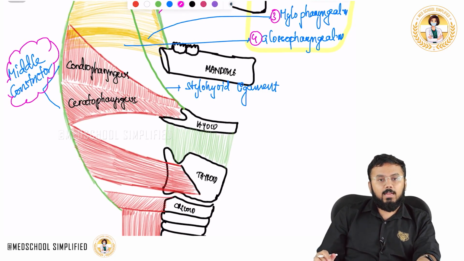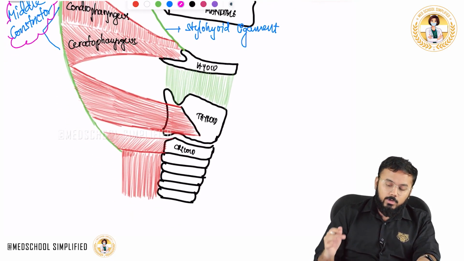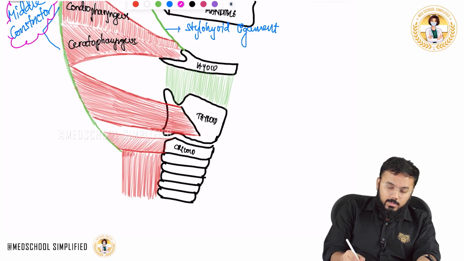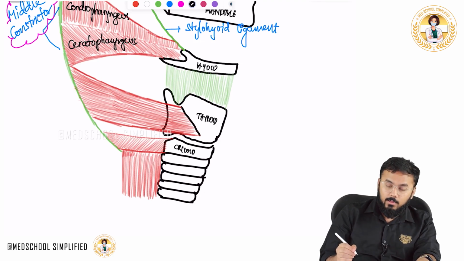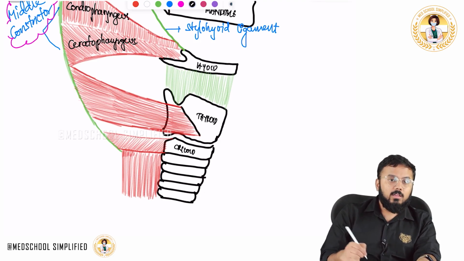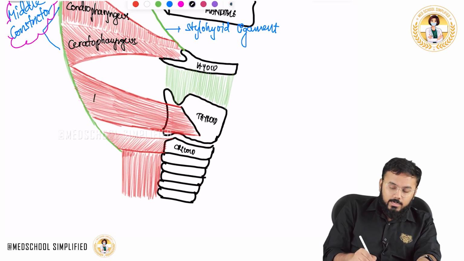And the final and important thing is down here, you have two more muscles. This particular muscle is called the thyropharyngeus, because it is attached all the way from the thyroid cartilage to the pharyngeal region.